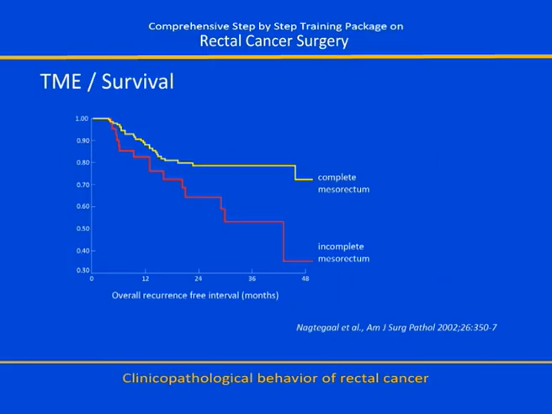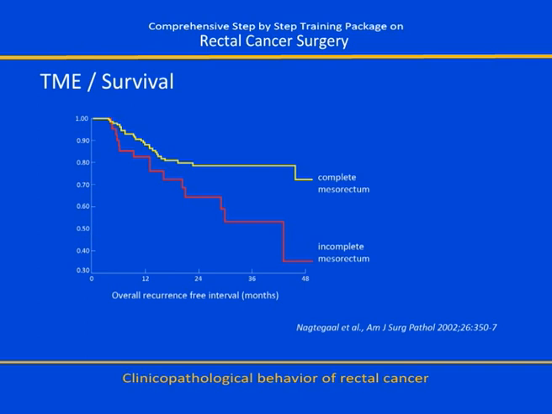You see here, this is a subgroup analysis from the Dutch TME study and the naked eye analysis of the completeness of the mesorectal excision.